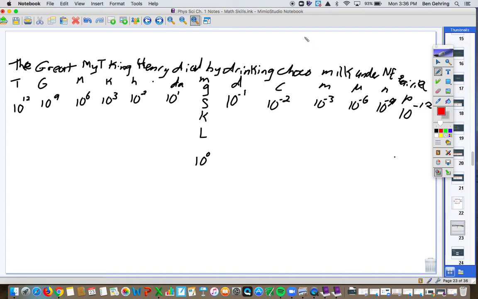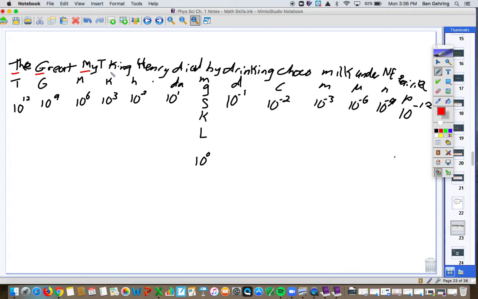This is the mnemonic that I give students, I give you guys, to help you remember the prefixes. It's hard to read and I apologize, but it starts with: the great mighty King Henry died by drinking chocolate milk under Nebraska's prairie. So if you look at this, T, G is great, M is mighty, I couldn't write the whole word mighty.